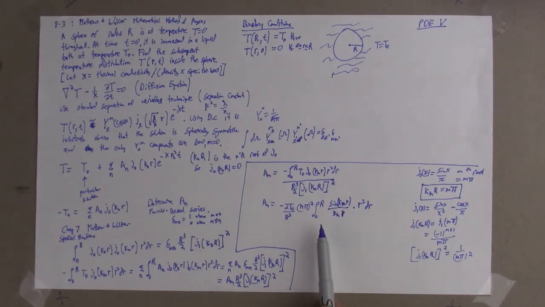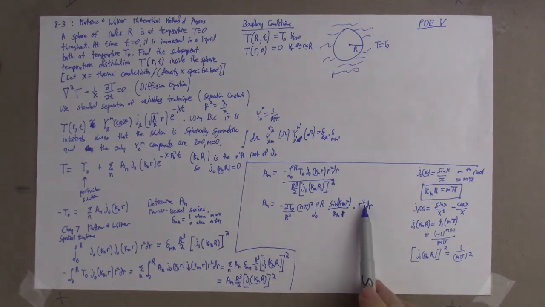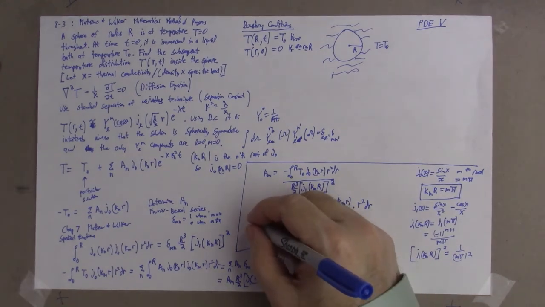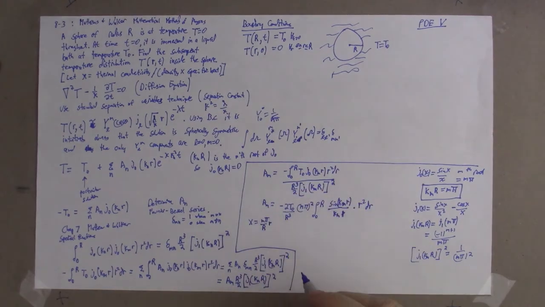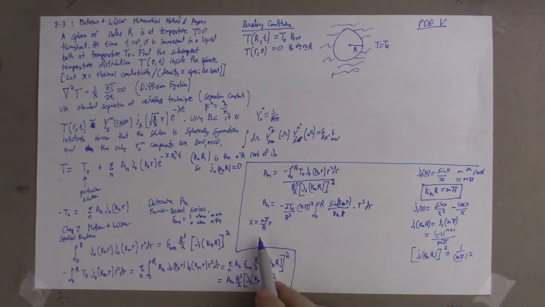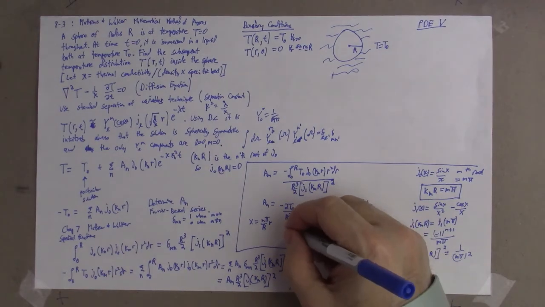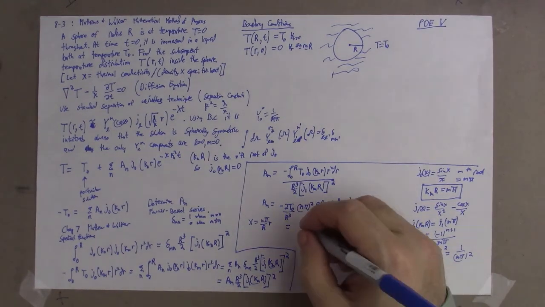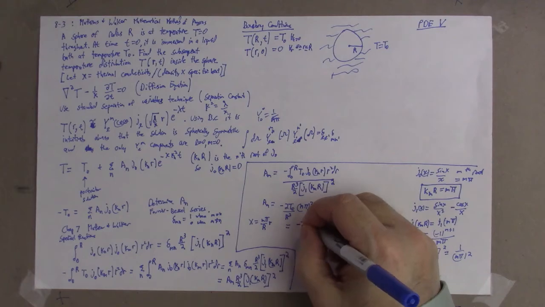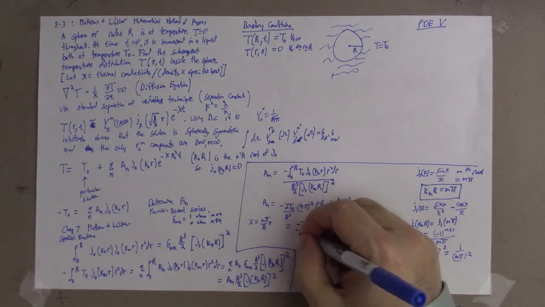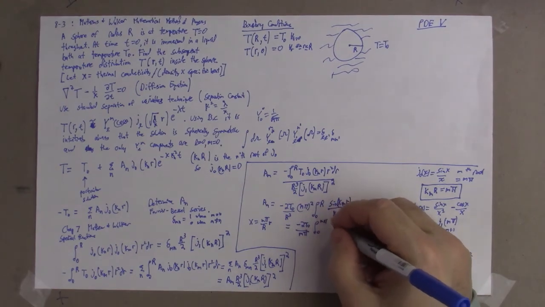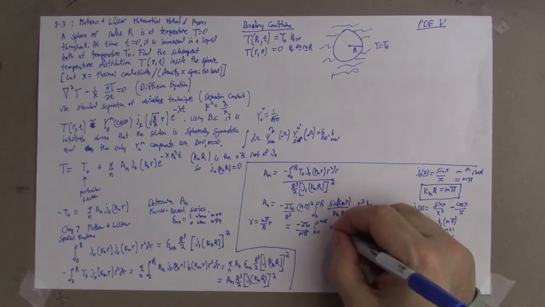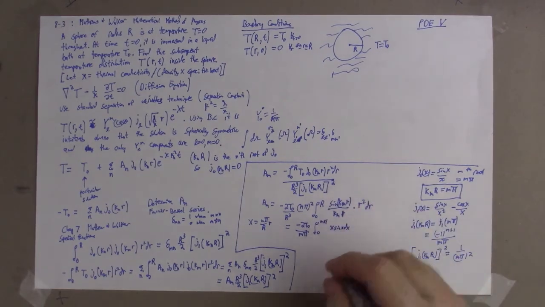This is an easy integral to evaluate because when you change variables, if you use x equal to m pi over capital R times r, use that substitution, then this is just going to be equal to, I'm not going to show it here, but you can easily verify it, minus 2t0 over m pi, the integral from 0 to m pi of x sine x dx.